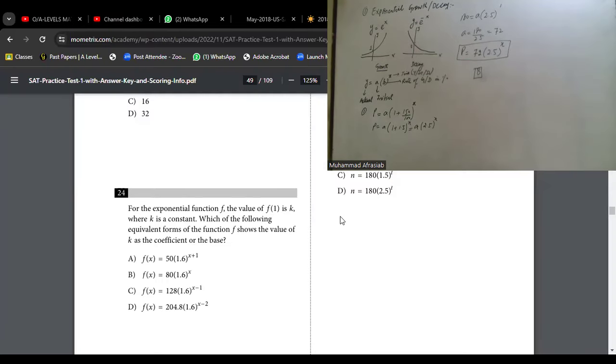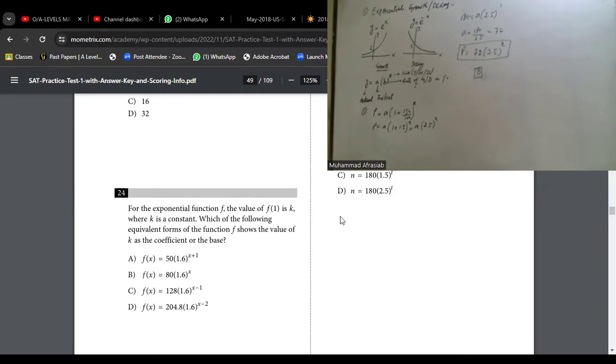There is another question for growth and decay. For the exponential function f, the value of f of 1 is k, where k is a constant. Which of the following is an equivalent form of this function f that shows the value of k as the coefficient or the base?